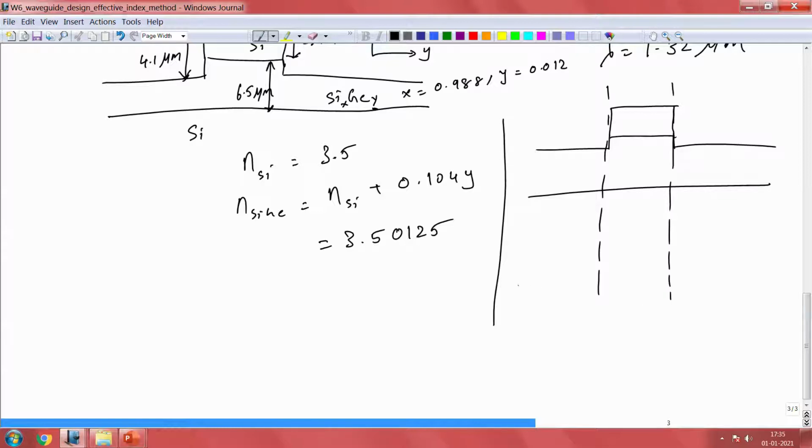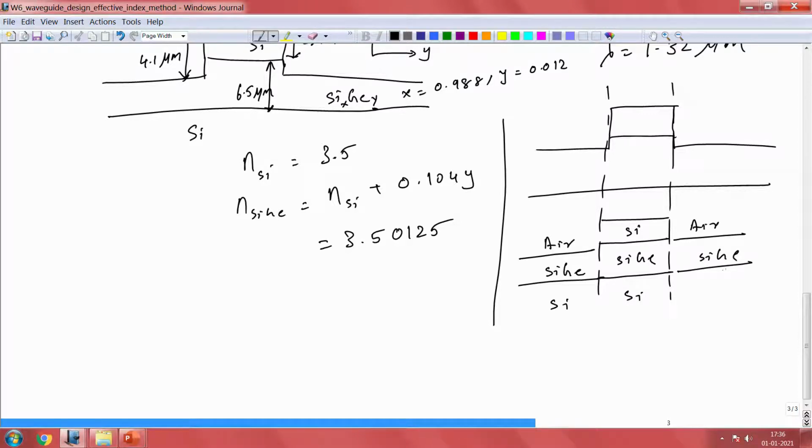So, here I have silicon, silicon germanium and air. In this section I have silicon and then silicon germanium and then silicon, and on the other hand I have air, silicon germanium and silicon.